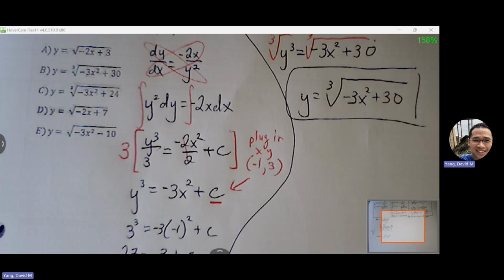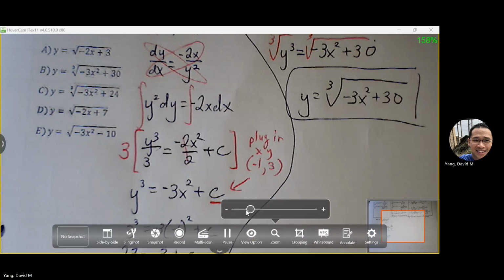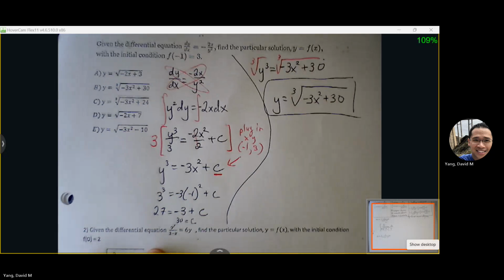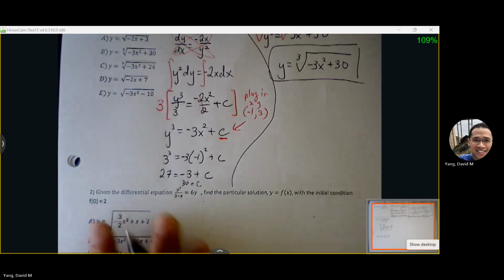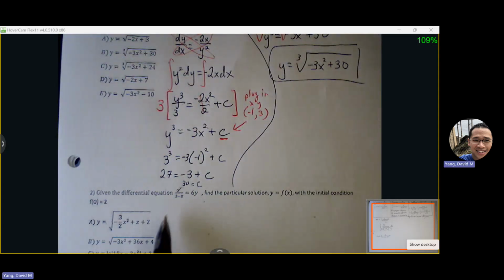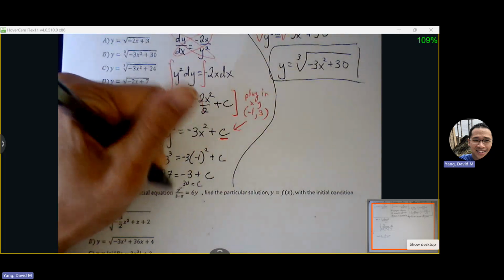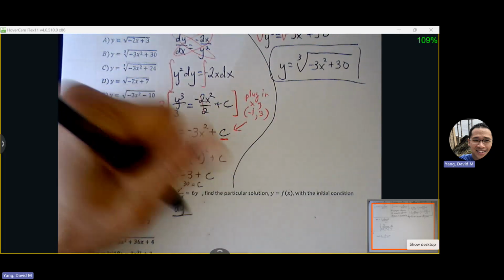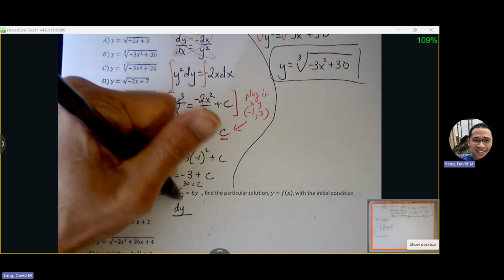Okay, let's try number 2. I want to cross multiply with number 2, but I see that y prime. I want to get that y prime to be showing me something more descriptive. So I'm going to say dy over dx, but I'm going to have that dx share the same space as my 3 minus x.